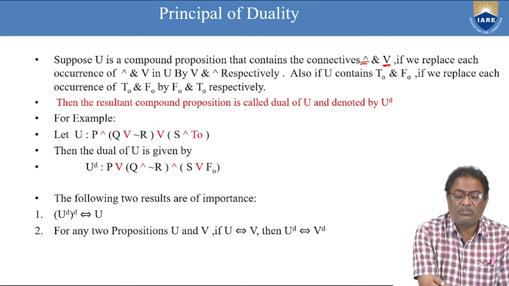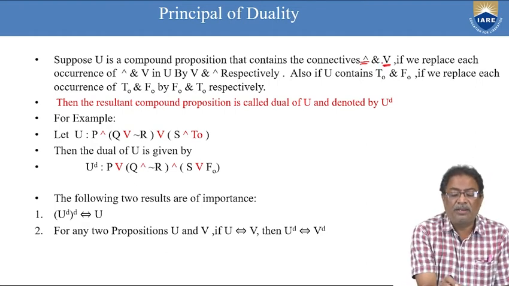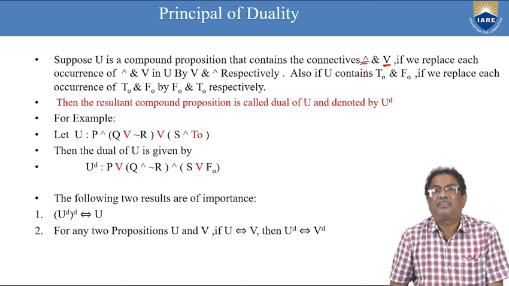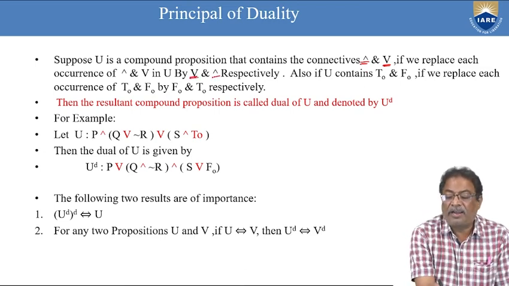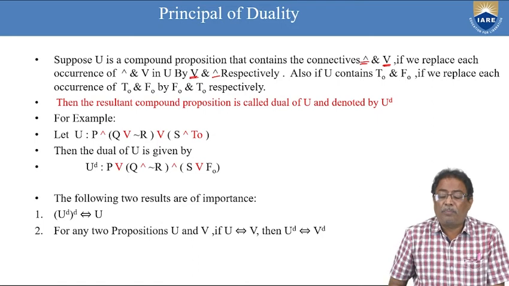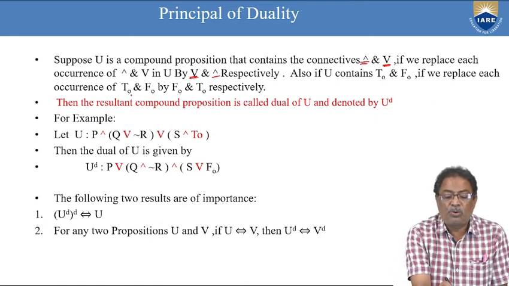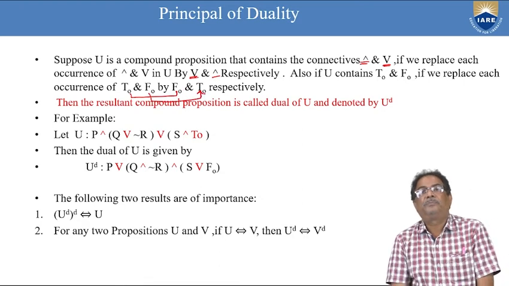If you want to write its dual, and is replaced with or, and or is replaced with and. Suppose the given compound proposition has true, then it will become false. If it has false, then it will become true.